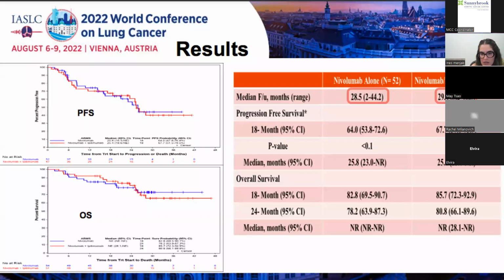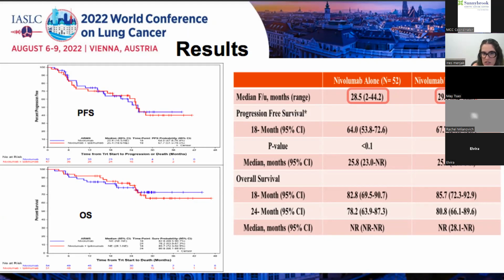This study was not a head-to-head comparison, but it showed that the PFS at 18 months, which was the primary endpoint, was around 65% in both arms, and the overall survival at 18 months was around 80%, with 82% in the nivolumab alone arm and 85.7% in the nivo and ipi arm.